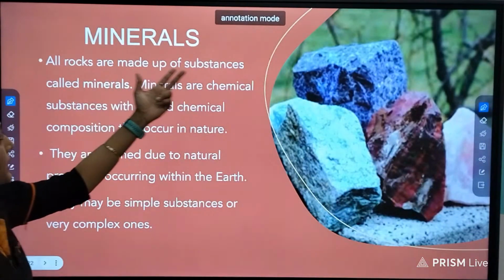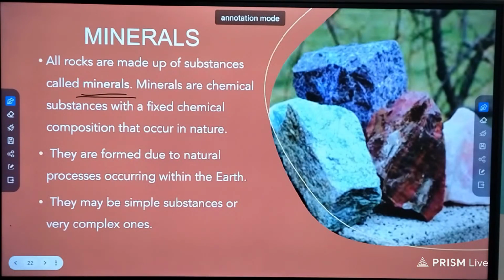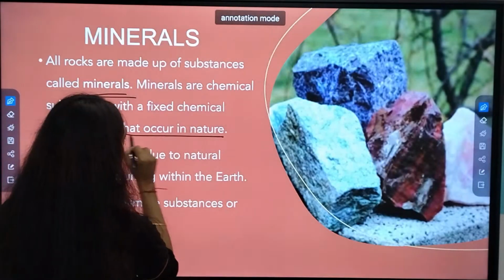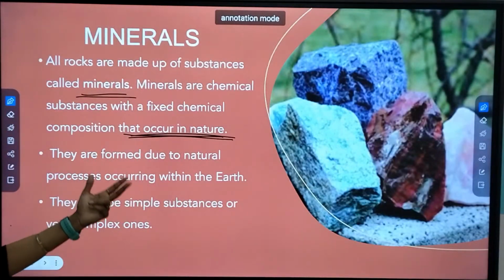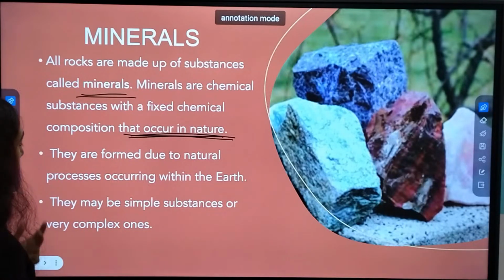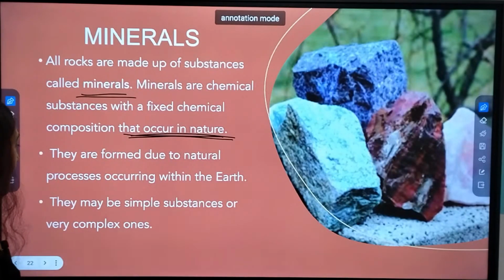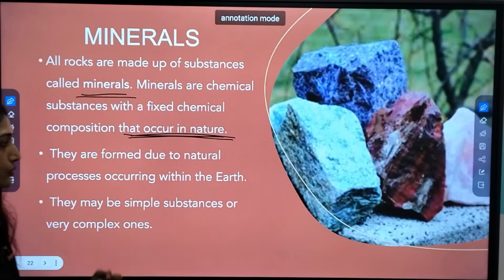All rocks are made up of substances called minerals. We know that minerals are chemical substances with a fixed chemical composition that occur in nature. It is not man-made. It is created by nature. They are formed due to natural processes occurring within the earth. They may be simple or very complex.